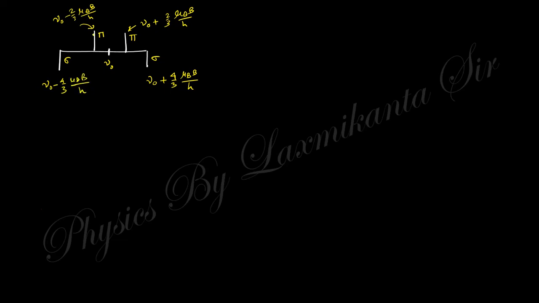So these are the frequency values, and this frequency nu naught gives you the D1 line.